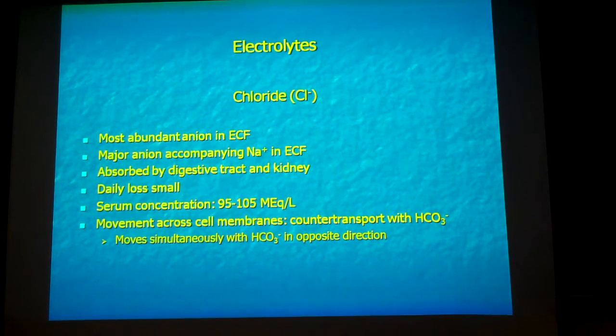So when bicarbonate is moving one way across the cell membrane, chloride is typically moving the opposite way. This is a classic example of counter transport. That's what's going on in the alkaline tide when we're in digestion, right? Exactly. Okay. The alkaline tide, with chloride coming in during digestion, is an example of this, and you will see some examples of this in the kidney, in the way things move across the tubular cell membrane. Okay.